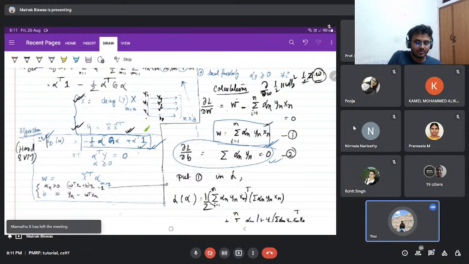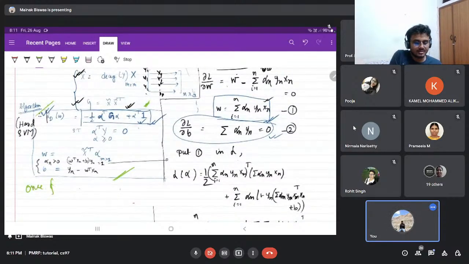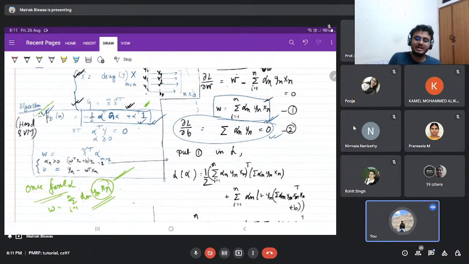So this is the algorithm of SVM that I've written down. You can clearly see from here, once you have found alpha, W can be written as the summation over n of alpha n yn xn. Once yn and xn are known and you find alpha, you can find this.